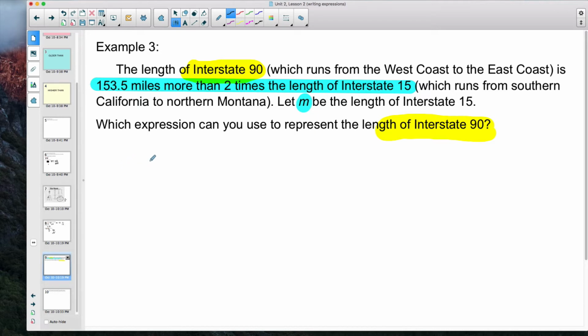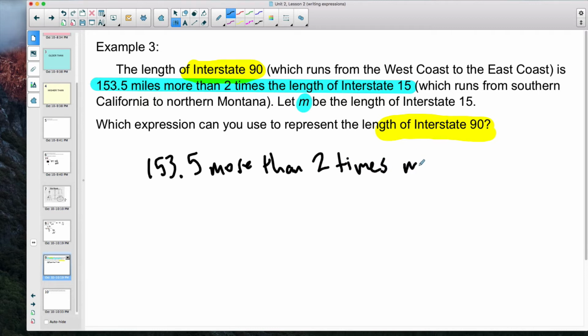Essentially, what it's asking you to do is write this. 153.5 more than, and I apologize for my poor handwriting on this, 2 times m. 153.5 more than 2 times m.